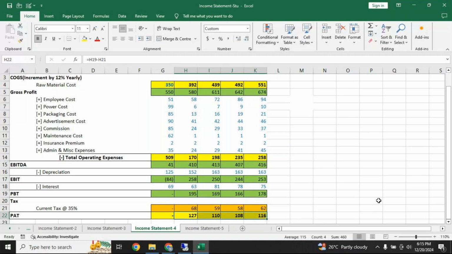So see if you can solve the income statement 5, or else I will solve it and show.